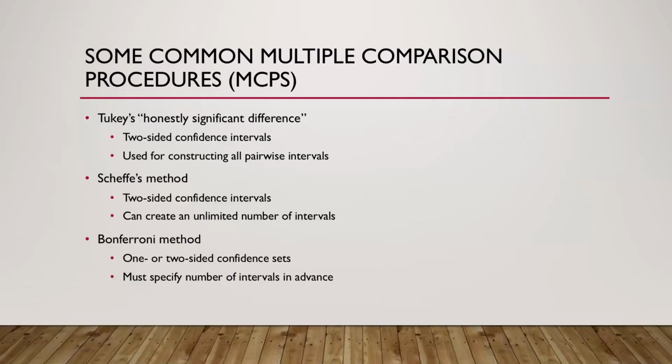And I mention that because I already had indicated that when we're conducting a contrast that includes all pairwise contrasts, that is, we're creating confidence intervals for all pairwise contrasts, that the best method for doing that is the one attributed to Tukey's HSD test. So this would be what we use if we want to do all pairwise intervals for our specific comparisons.